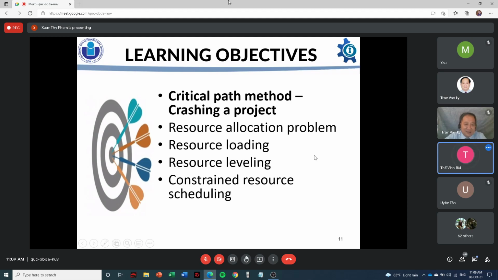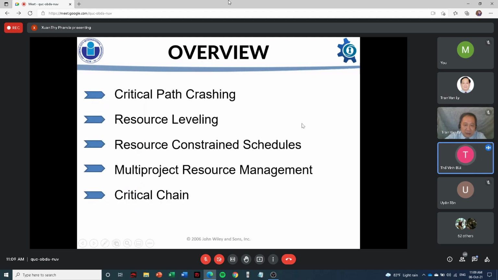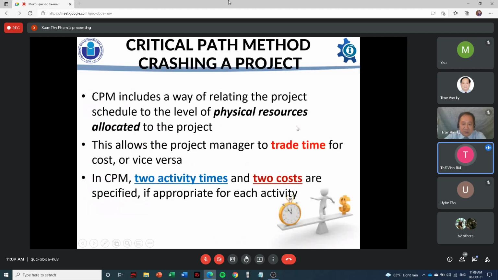What is the critical path method? The critical path method includes a way of relating the project schedule to the level of physical resources allocated to the project. CPM stands for critical path method, and I will use CPM as a short form in this presentation.